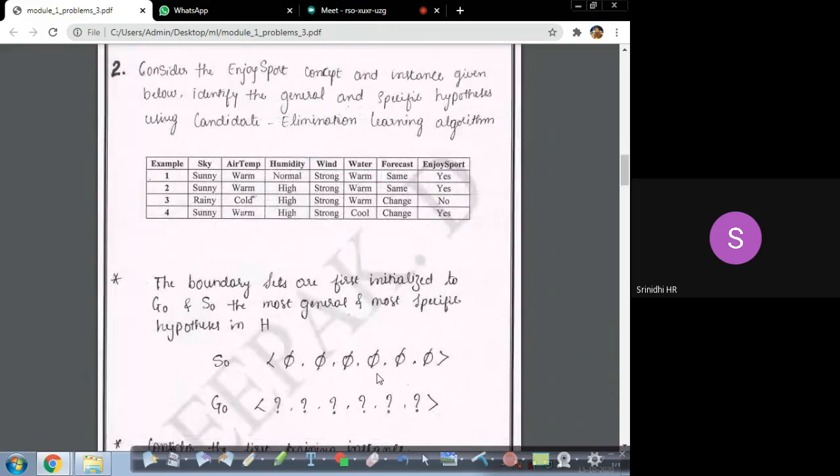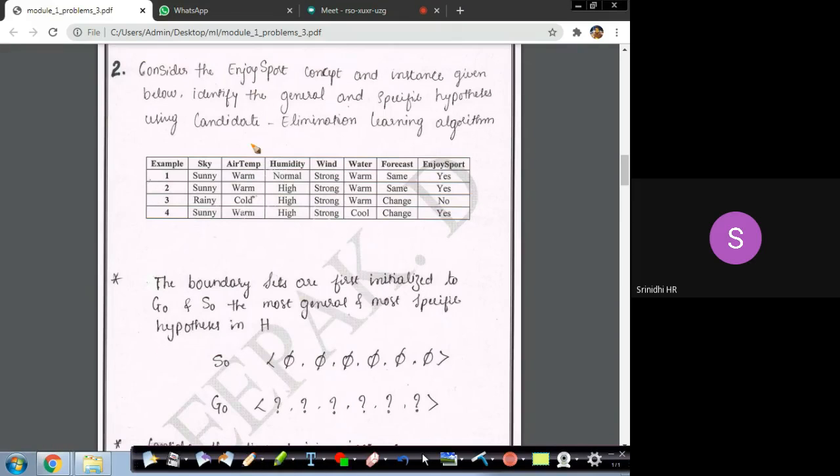So we'll consider my second example here. It's the most important example. Here, consider the enjoy sport concept and instances given below. So he has given instances here. Identify the general and specific hypothesis using candidate elimination learning algorithm.